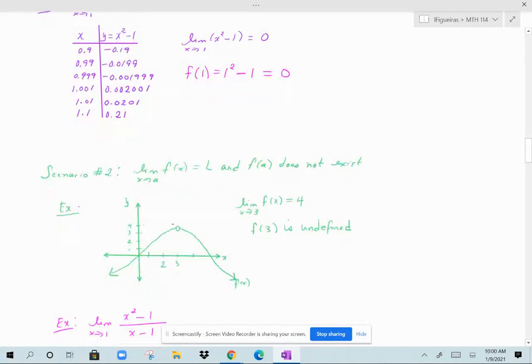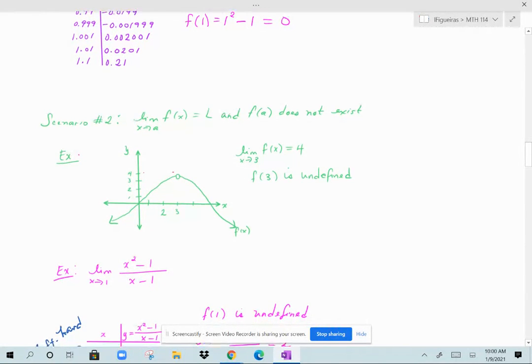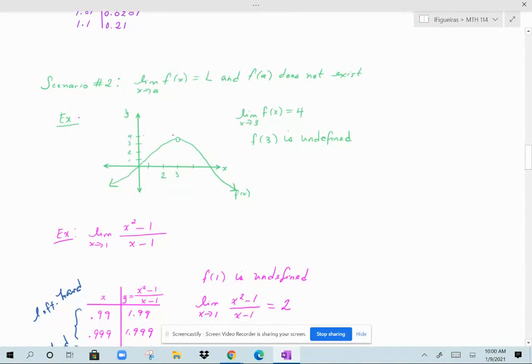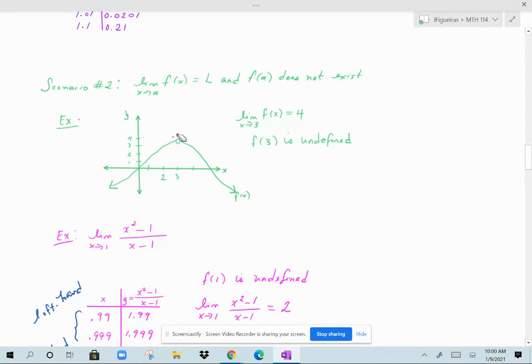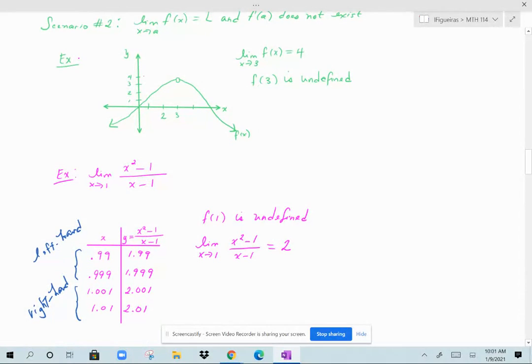All right, so here's a numerical example of scenario number 2, where your limit exists, but your function does not. So again, I'm using these tables. I picked numbers from the left and from the right, and I plugged into my y values. And so as I'm getting closer and closer to 1, which is what my limit is approaching, it looks like my y values are getting closer and closer to 2.